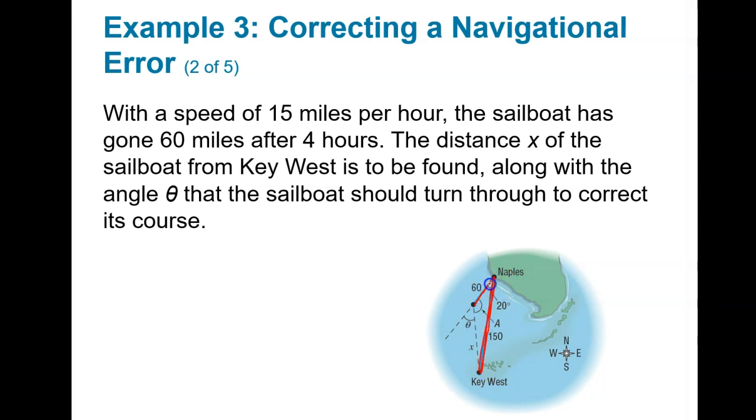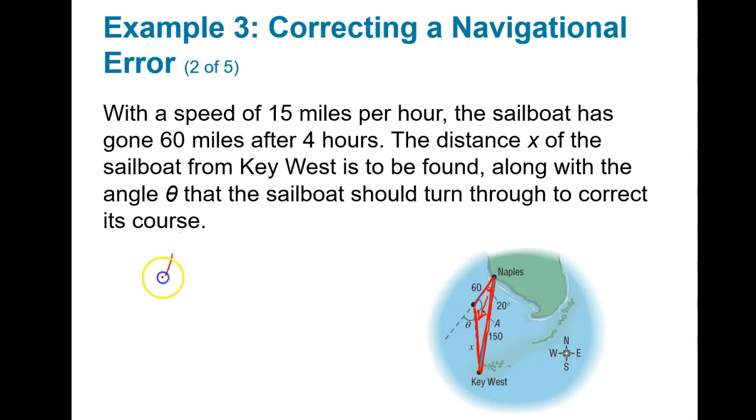And we know we've gone 60 because we've gone 15 miles an hour for 4 hours, and we need to find this. So this is an SAS. The 20 degrees is in the middle, this is the 60 miles, and this is the 150 miles. Notice this X is opposite that 20. So that's the thing that we need to set up to solve.